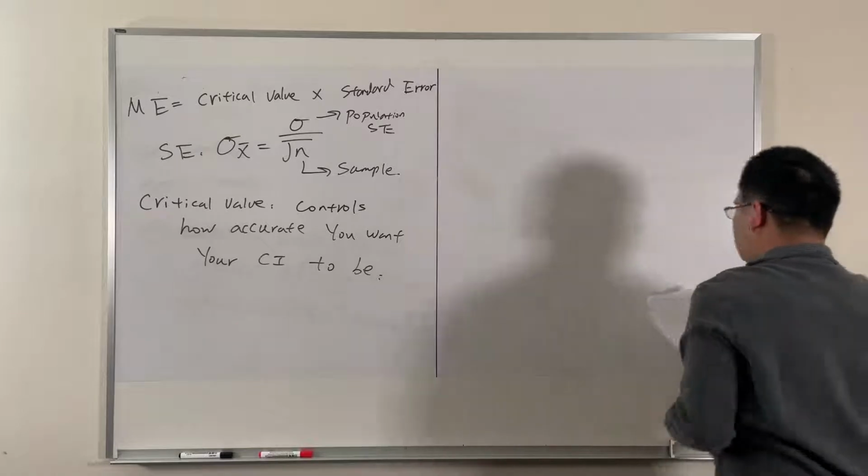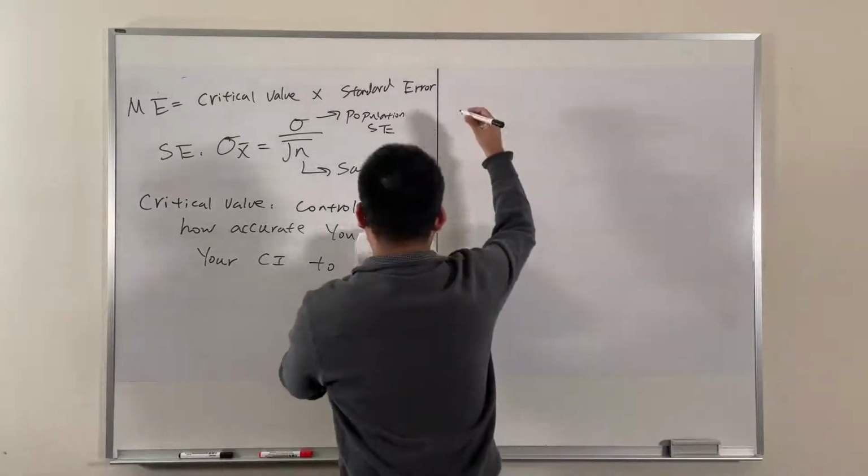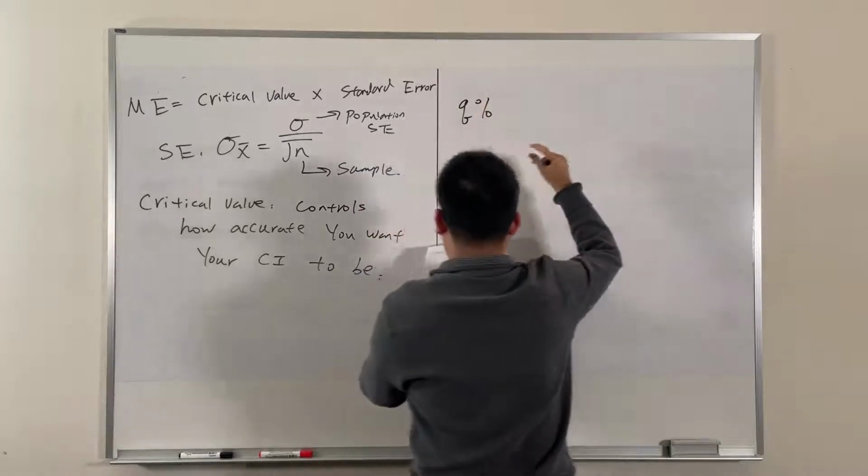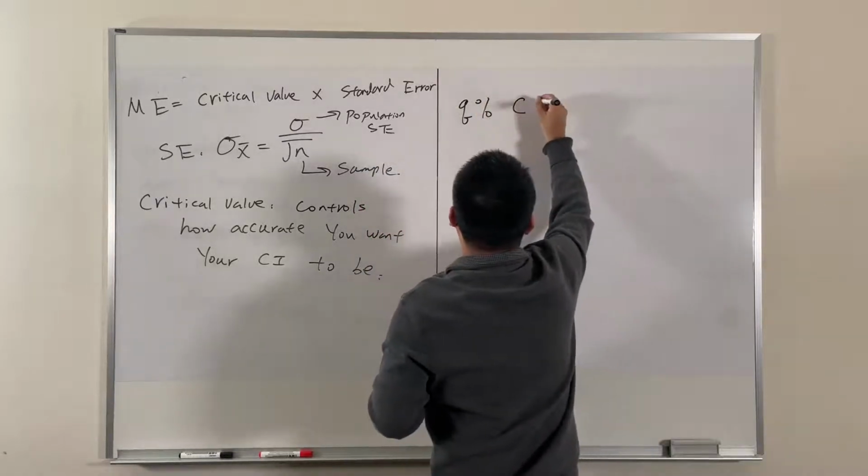Usually we say a certain percent, let's denote it as Q percent confidence interval.